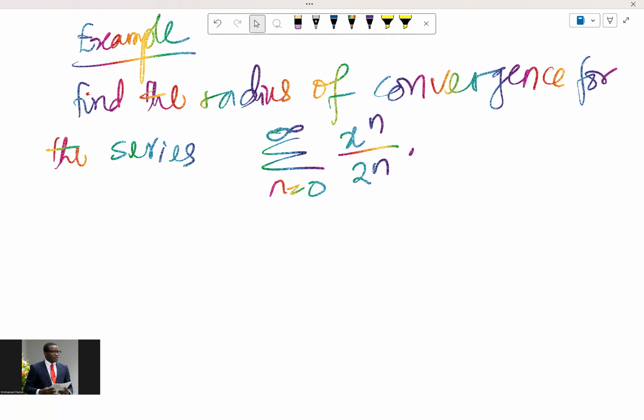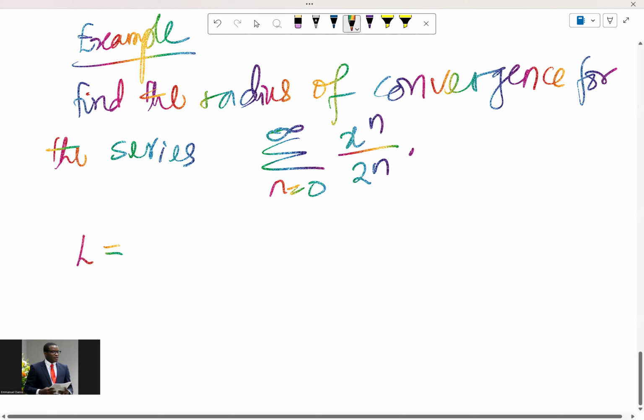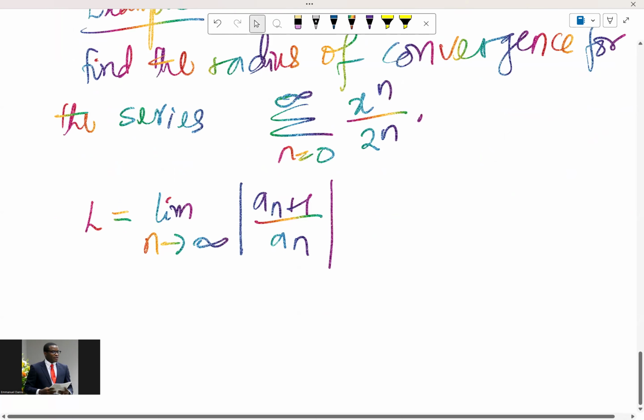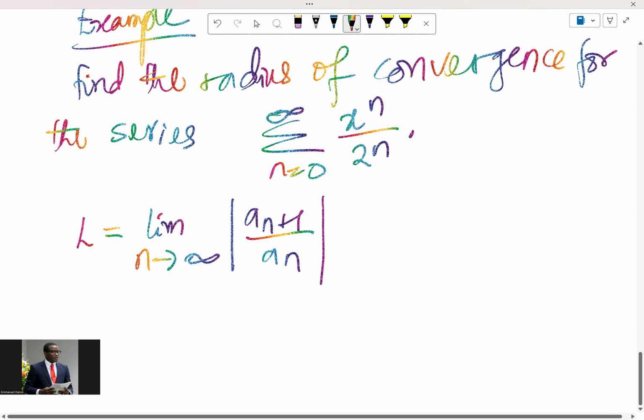We know that the limit L is the limit as n approaches infinity of the absolute value of a_(n+1) over a_n. That simply means that L is equal to the limit as n tends to infinity of the absolute value of a_(n+1). That is, anywhere you have n here, make it n plus 1.